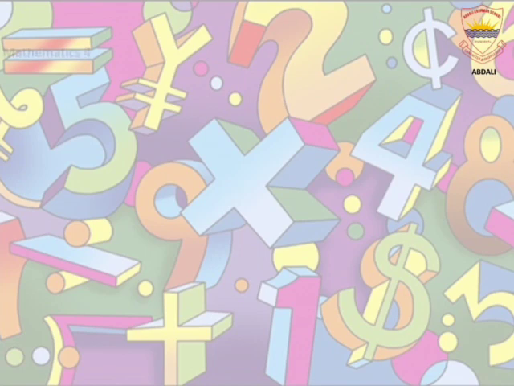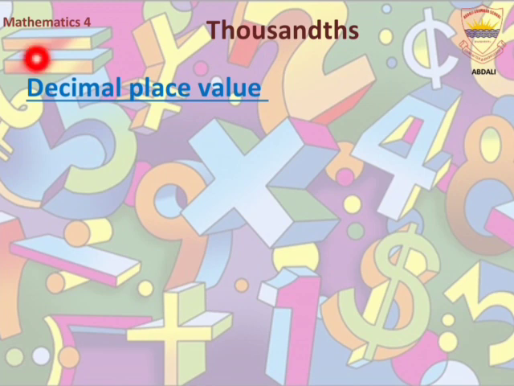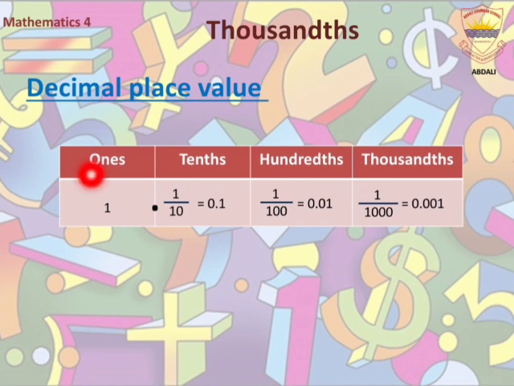Now students, let's discuss our decimal place values. Our decimal place values start after the decimal point. Before the decimal point, the place value is ones. After the decimal point, the place values are tenths, hundredths, thousandths.